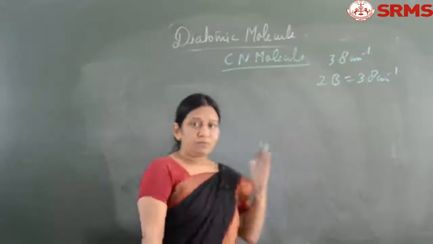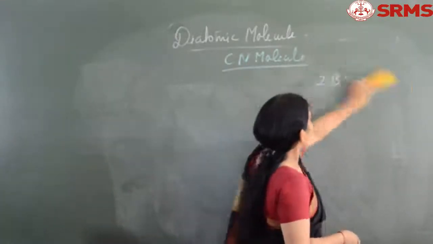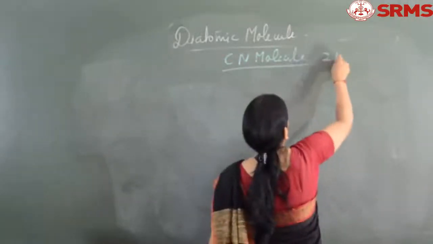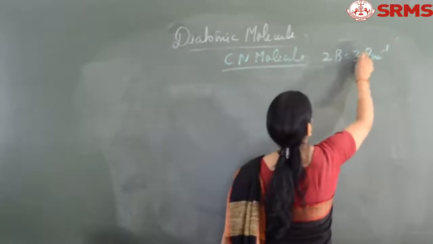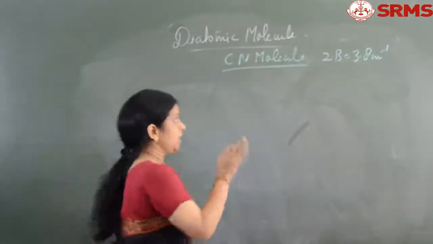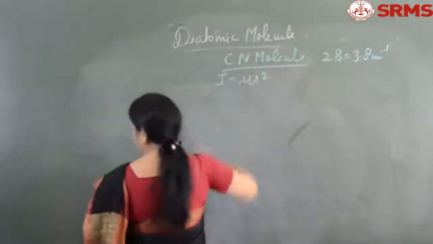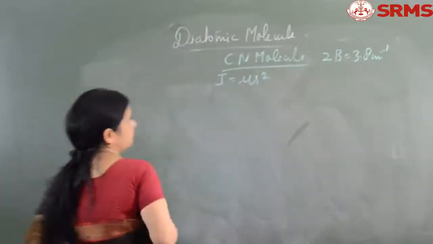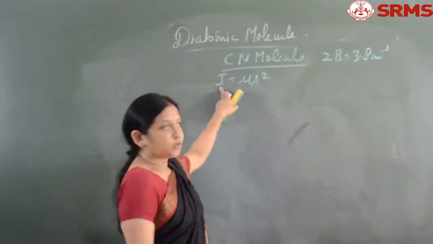Now, we have already dealt with the derivation. So, 2B is equal to 3.8 centimeter inverse, which is already given to us. Now, I is equal to mu r square, where mu is the reduced mass, r is the bond length, and I is the moment of inertia.